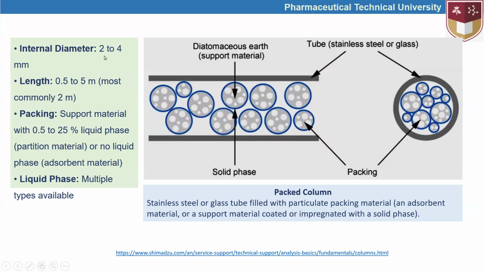The internal diameter, again, in packed columns is between 2 to 4 millimeters. The length is between 0.5 to 5 meters. Packing supporting material with 0.5 to 25% liquid phase, partition material, or no liquid phase, adsorbent material.